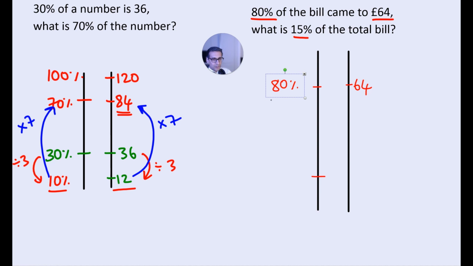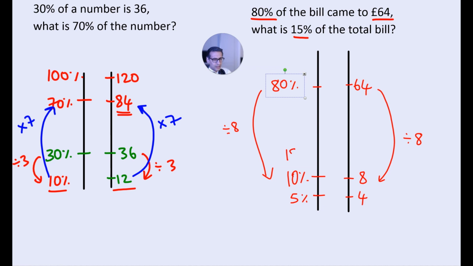So let's work out 10%. So divide by 8, and we're going to divide this by 8. So 64 divided by 8 is 8. And then we need to work out 15%. So in order to do that, let's work out 5% first. So 5% is 4.